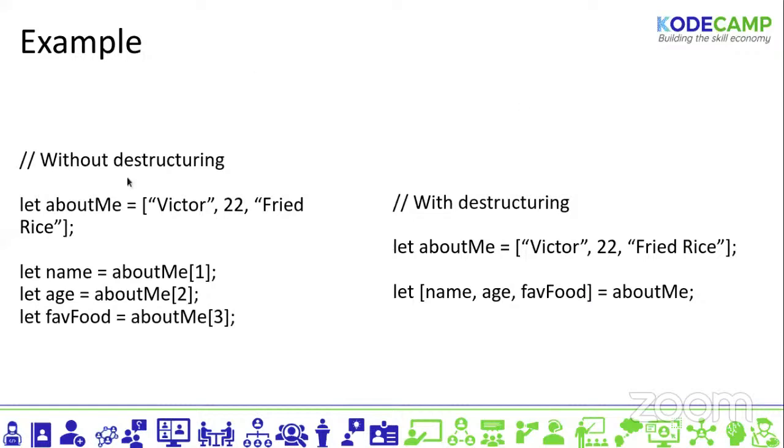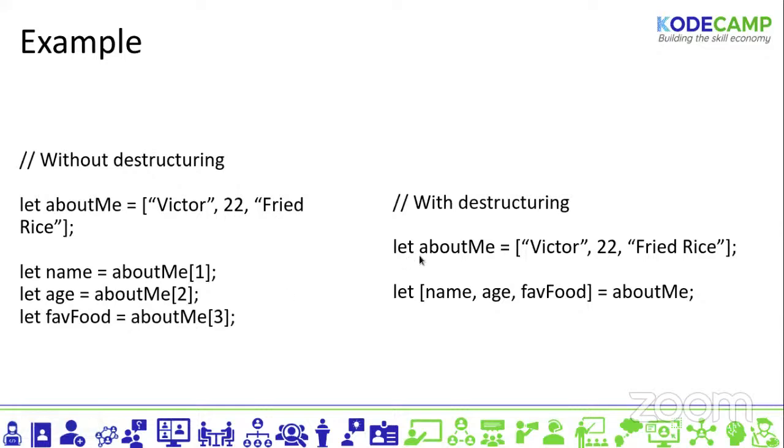If you look at it here, this is an example of destructuring an array. Without destructuring, this is how you would extract the values of an array. I would say about me, Victor, 22, fried rice, and I now say name is equal to about me with the index of 1, age is equal to about me with the index of 2, favorite food is about me with the index of 3.